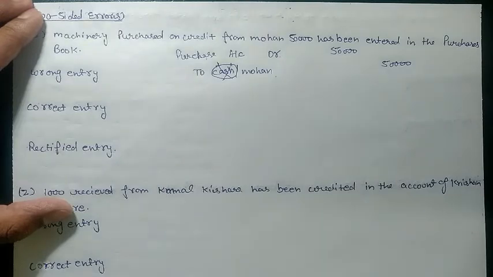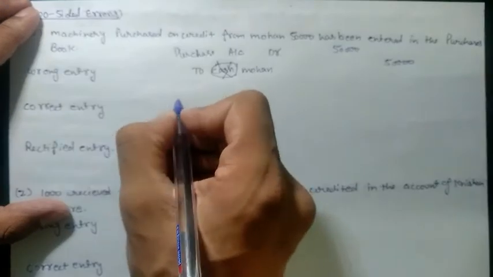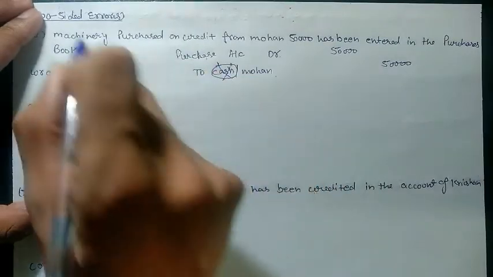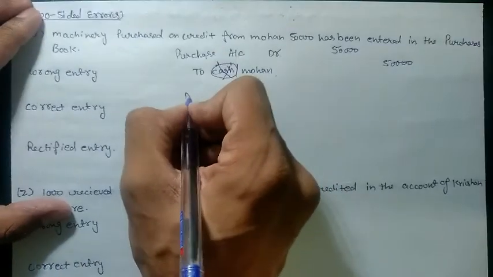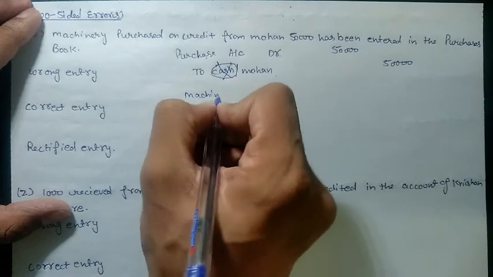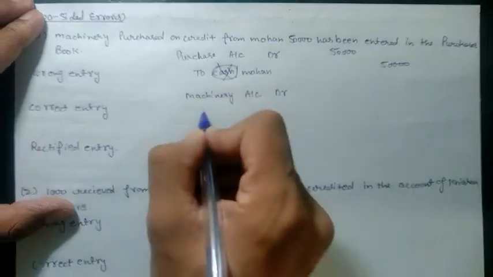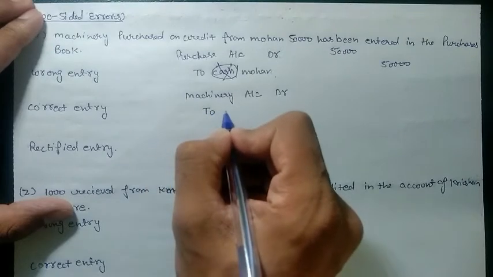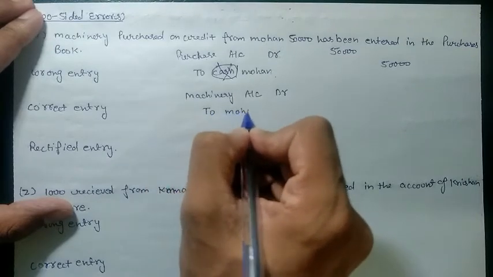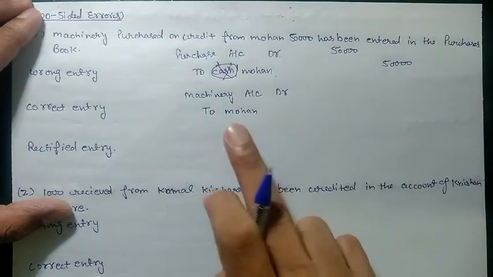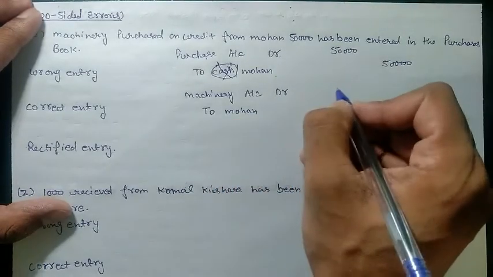Now what will be the correct entry? The correct entry would be in the name of the asset. So the correct entry would be machinery account debit to Mohan. This is the entry that we have to post.